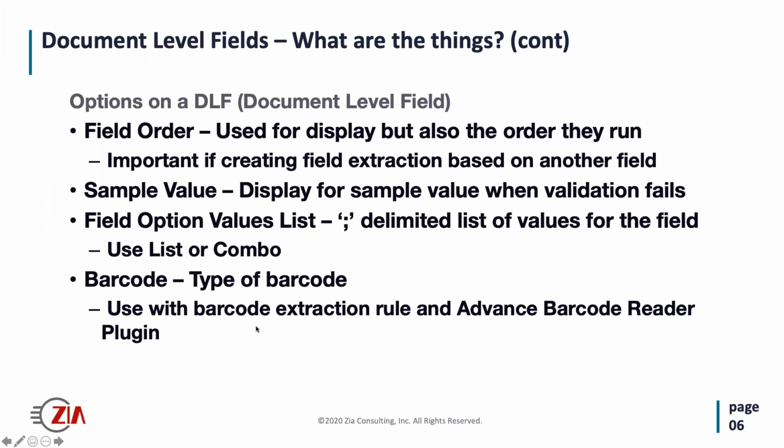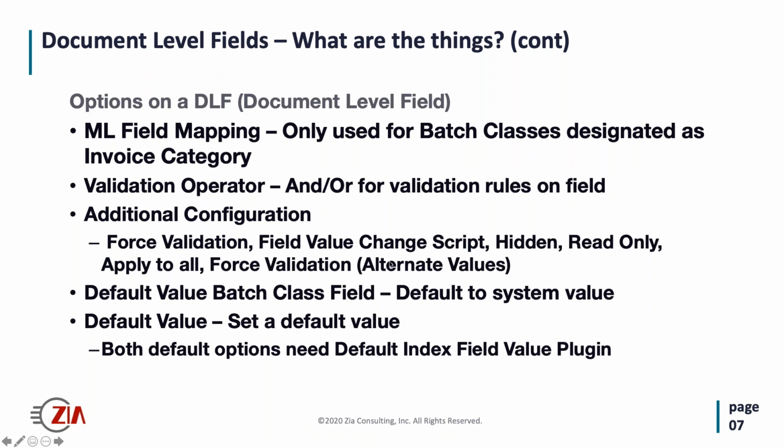If you're doing barcode extraction with the advanced barcode reader or something to that effect, then that will auto-populate when you're creating a rule for that extraction using that plugin, to say that's the type. So this is a QR code, and that would be part of it. I know that this is crazy, but I started going through this and I was like, this is actually confusing. So we're just going to keep on going through.